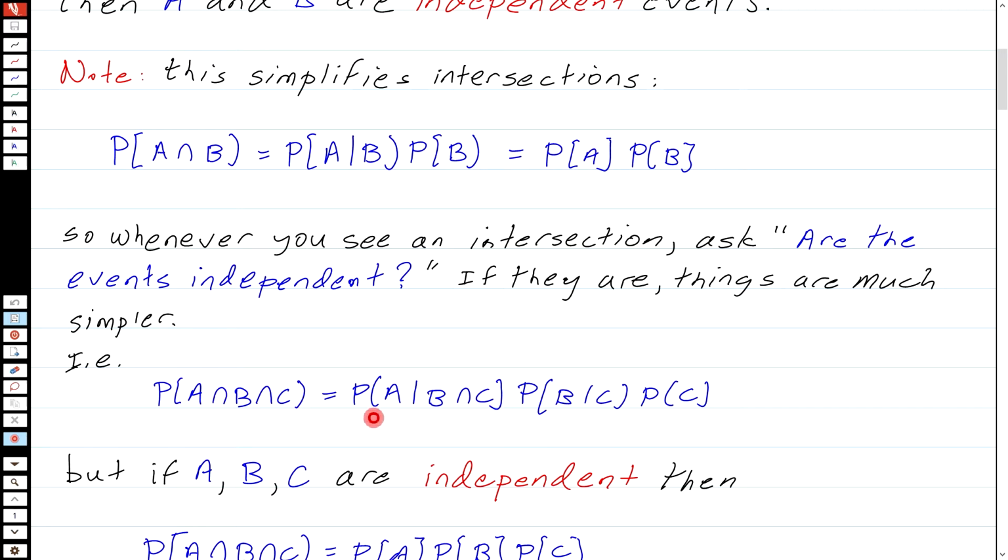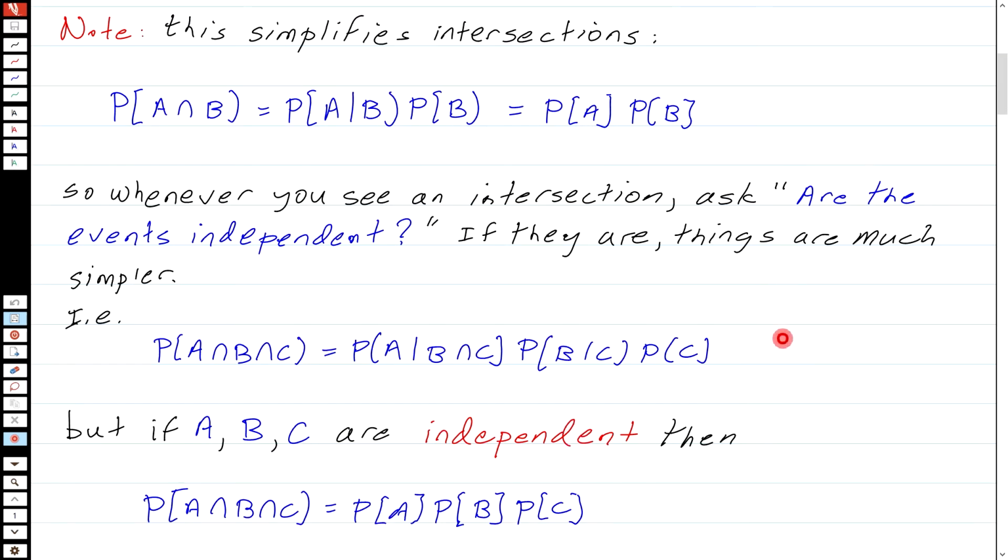But the first one is the probability of A given B and C, a more complicated conditional probability. The second one is the probability of B given C, and the third one is the probability of C. Of course, this can be done in any order. You could also write it as the probability of C given A and B, times the probability of A given B, times the probability of B, and so on and so forth.